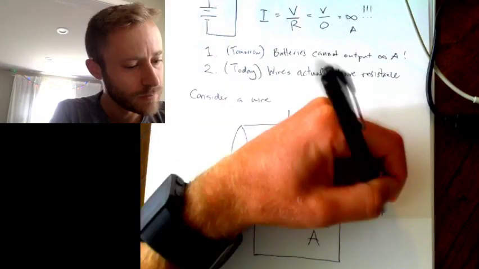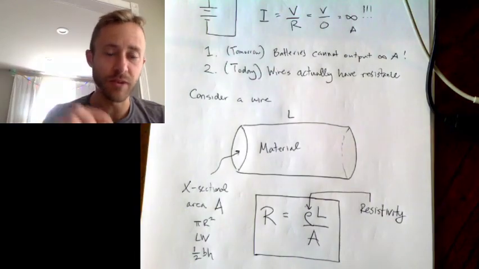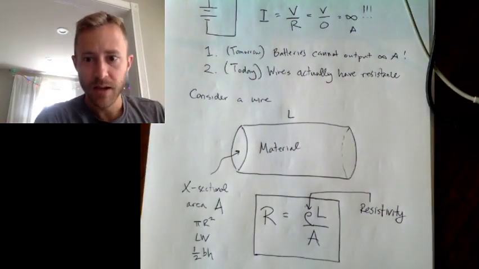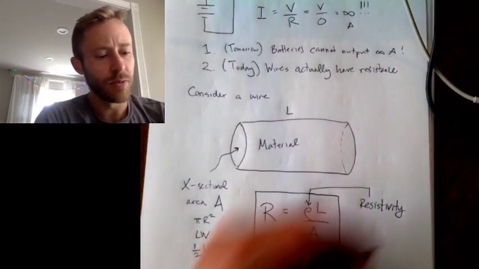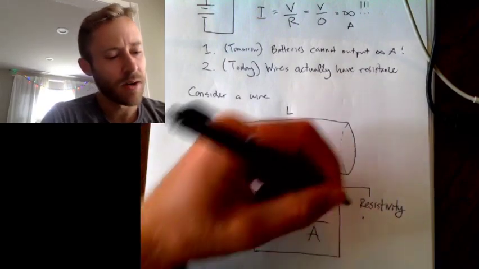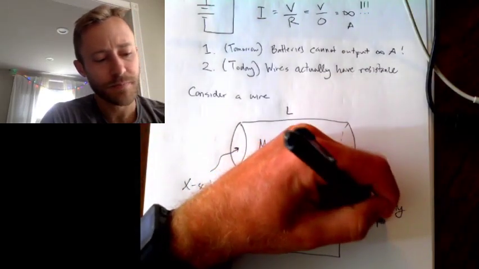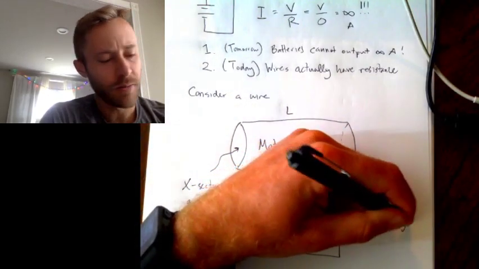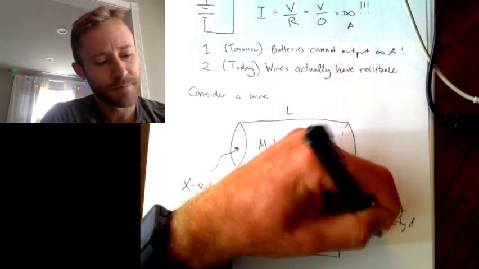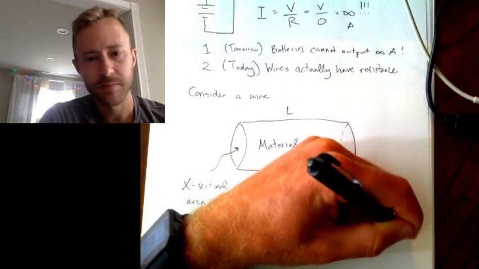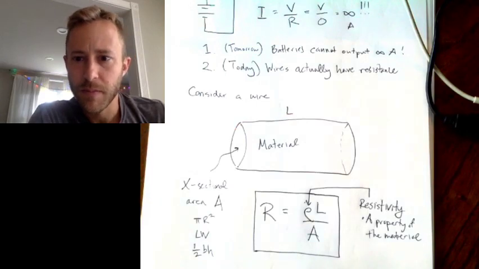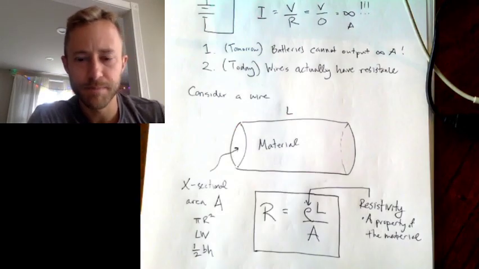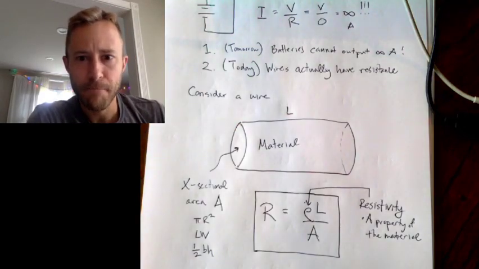Okay, so it's not the resistance, it's the resistivity. And the resistivity is a property of the material. Okay?